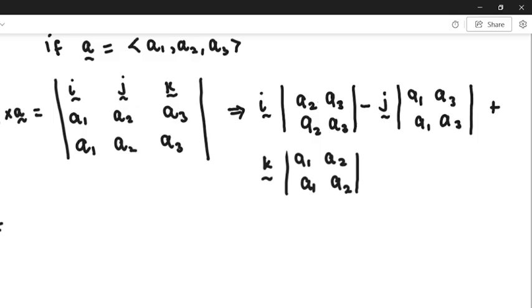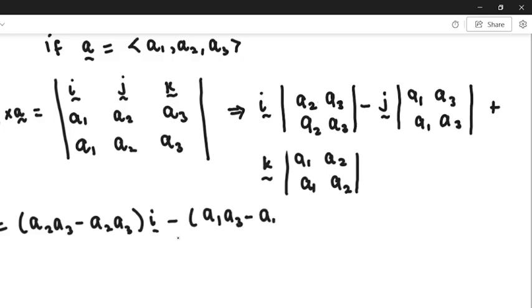So we have i times (A2 A3 minus A2 A3), minus j times (A1 A3 minus A1 A3), plus k times (A1 A2 minus A1 A2).